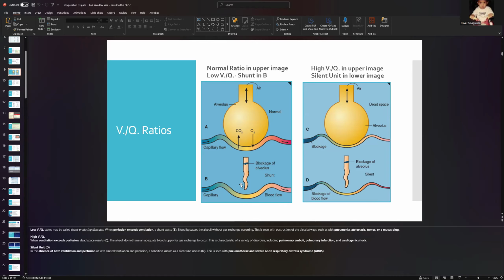Going back to shunt, there's blood flow, but there's no gas, so nothing can happen. There's no exchange happening. Here, there's no blood at all, but there is gas. So there's O2 here available to be picked up, but there's nothing. It's just dead. So the air comes here, but it's just dead space. Nothing is happening. So the air is just being expelled. So you're wasting inhaled oxygen and you're just exhaling it because there's no blood to do the gas exchange.